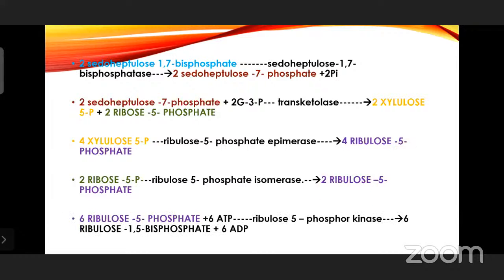That means total 6. These are going to undergo the last chemical reaction: 6 ribulose 5 phosphate getting added by 6 ATP, in the presence of ribulose 5 phosphokinase, becoming 6 molecules of ribulose 1,5 bisphosphate.